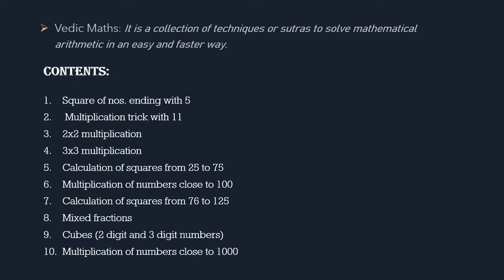So now, let's understand this with the help of an example. I'll just quickly write the heading for you guys. So let's understand this with the help of an example.